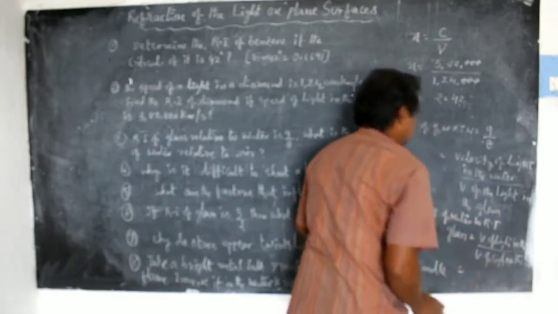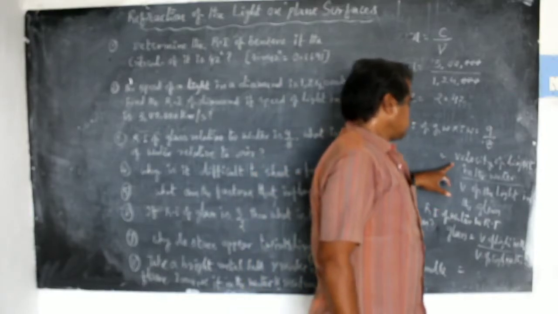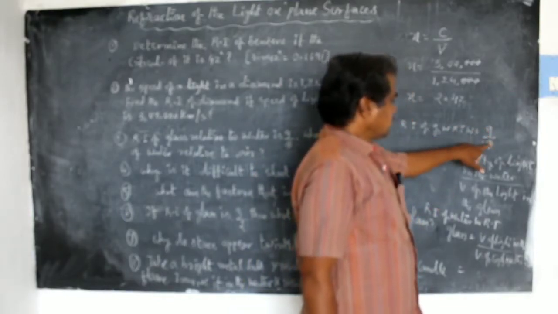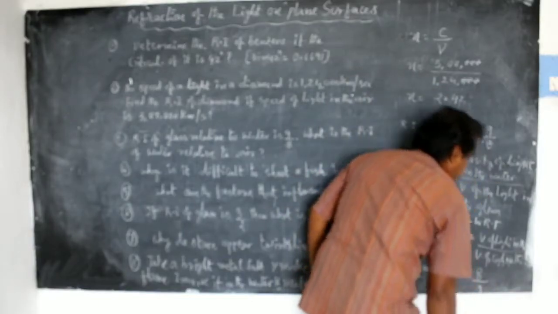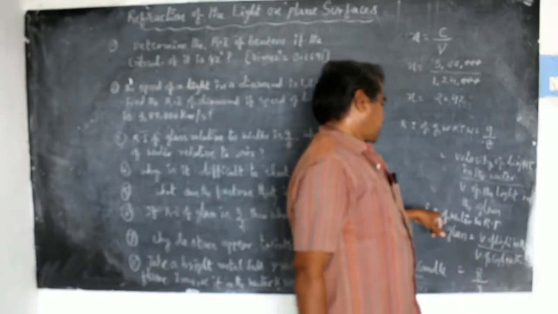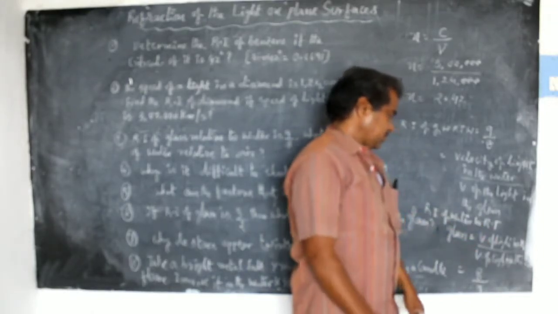So simply, by observing the above fraction, it is 8 by 9. It is also called the relative refractive index of the water with respect to the glass.